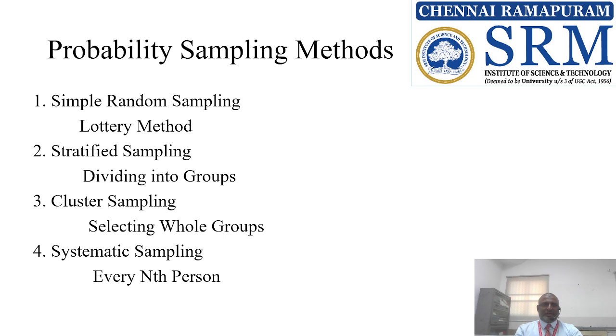Next one is stratified sampling. The population is divided into subgroups called strata, and a random sample is taken from each stratum. That means the whole population is classified into groups called strata, and we incorporate a random sampling technique to extract the samples.